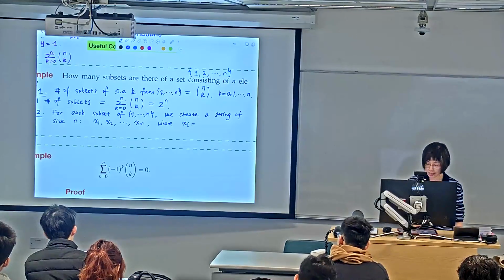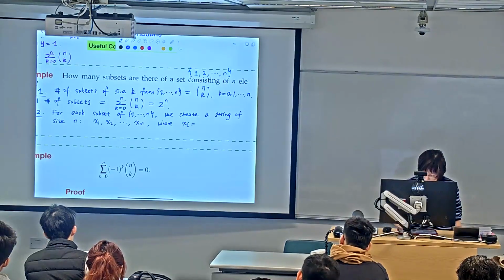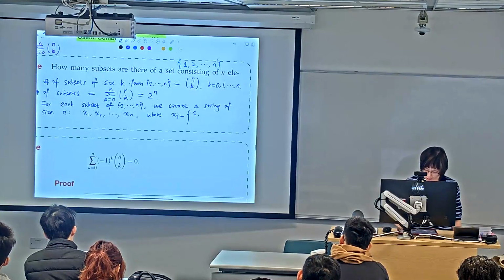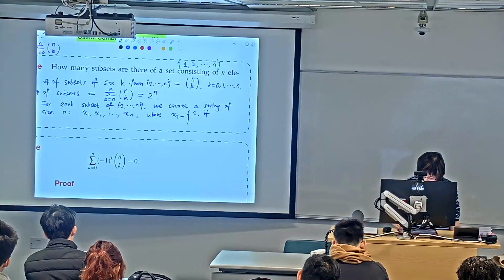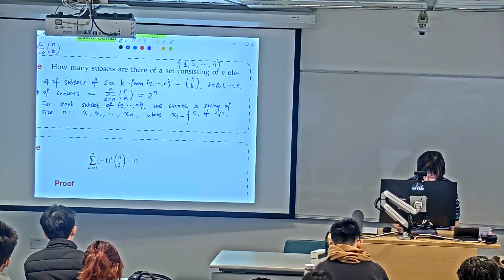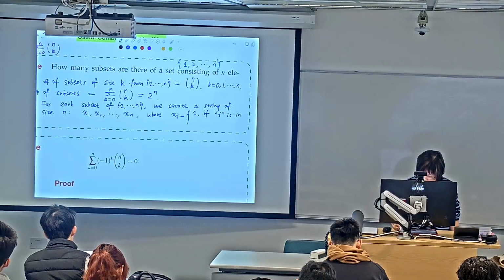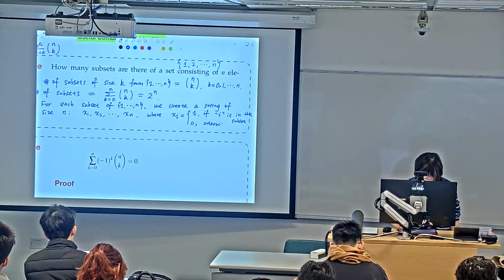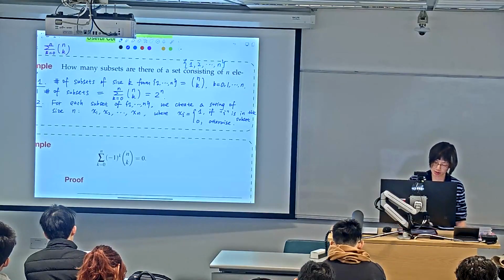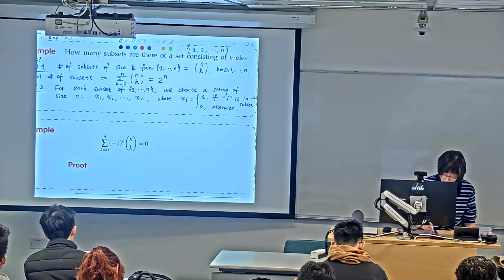In general, each xi is equal to 0 or 1. So we assume it takes value 1 if this number i is in the subset, and 0 if this number i is not in the subset, otherwise.